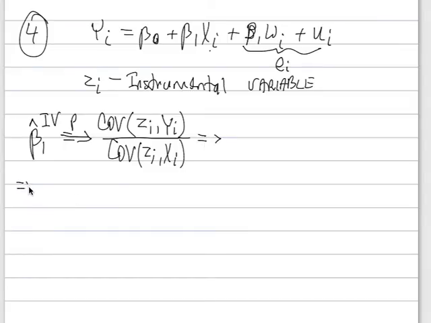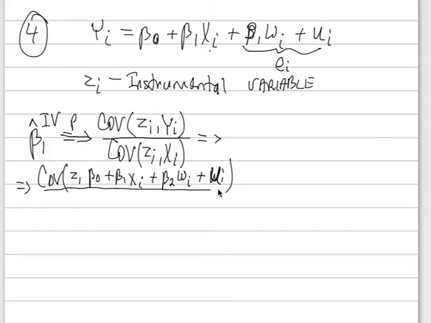Now we have this equation for yi, so why don't we plug that in? So the covariance of Zi with beta 0 plus beta 1 xi plus beta 2 wi plus ui, over the covariance between xi and zi.